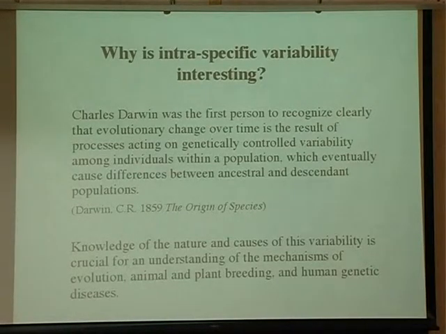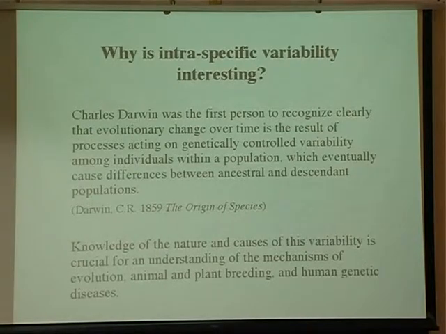We're thinking of a single species evolving at some time in the future. Its genetic composition will be different from what it is now, and in order to do that, you have to have genetic variability for the various evolutionary processes to work on. So it's a really fundamental problem in evolutionary biology to understand how much variability there is and what sort of evolutionary factors or genetic factors are involved in causing that variability.